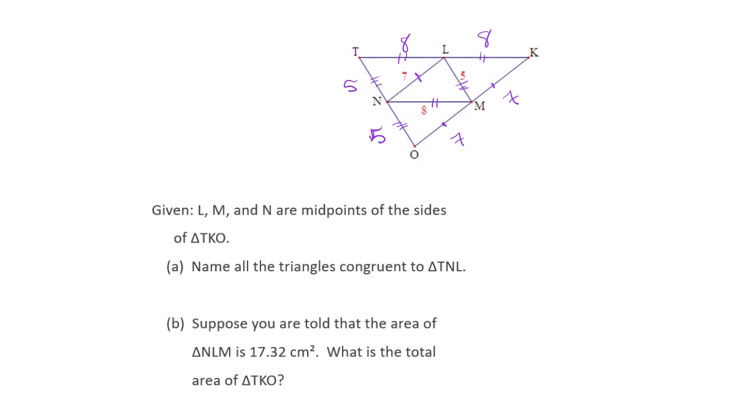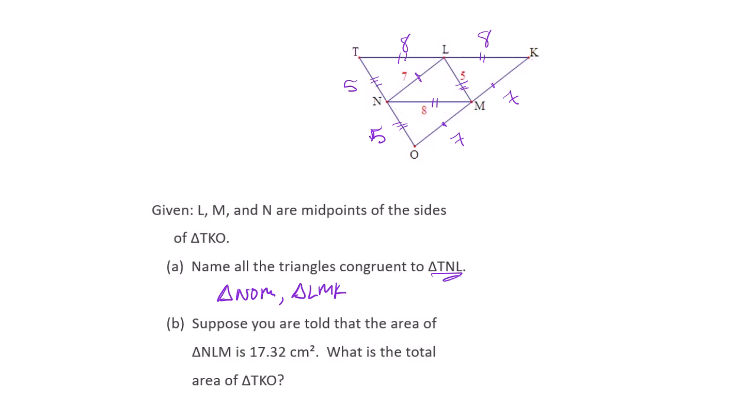And so all the triangles that are congruent to T and L. So T and L here. So it'll be triangle NOM, triangle LMK. Those are all oriented the same way, so we can go in the same order. But this one in the middle is not oriented the same way.